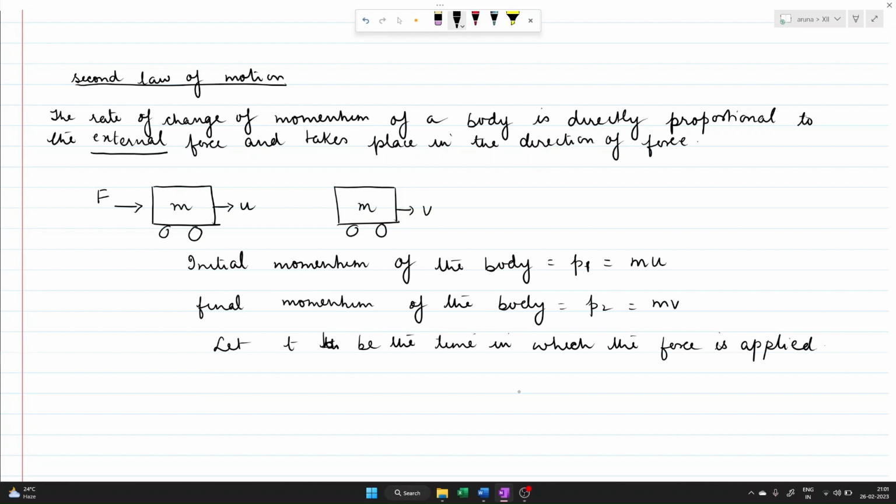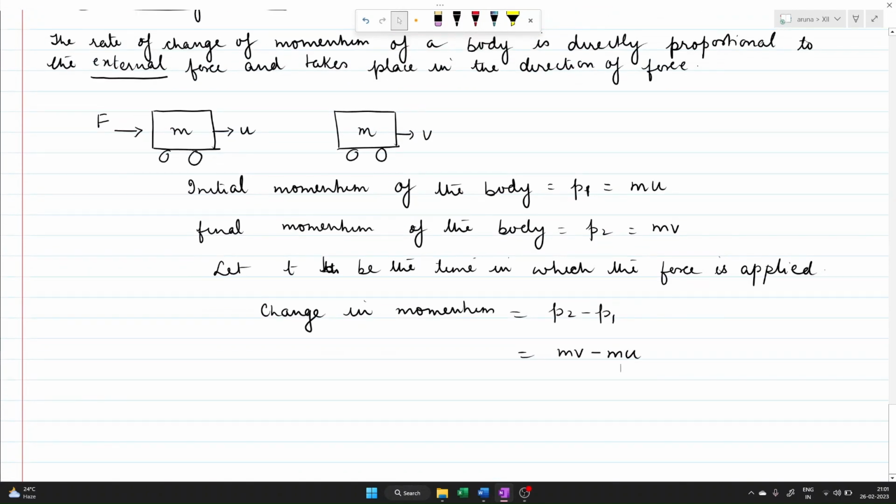So using this we can find out the change in momentum. Change in momentum will be p2 minus p1, final minus initial. So it will be mv minus mu. And from here, you can also now write down the expression for rate of change.